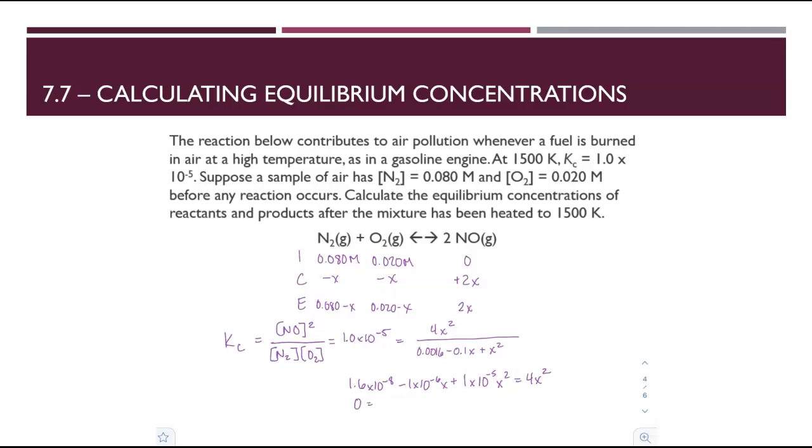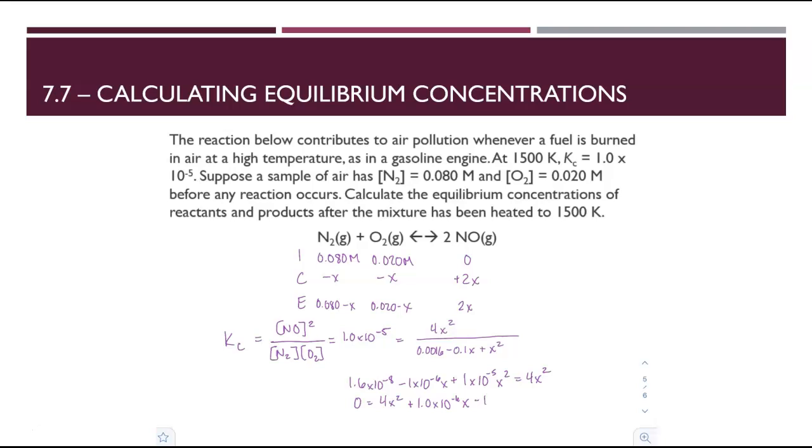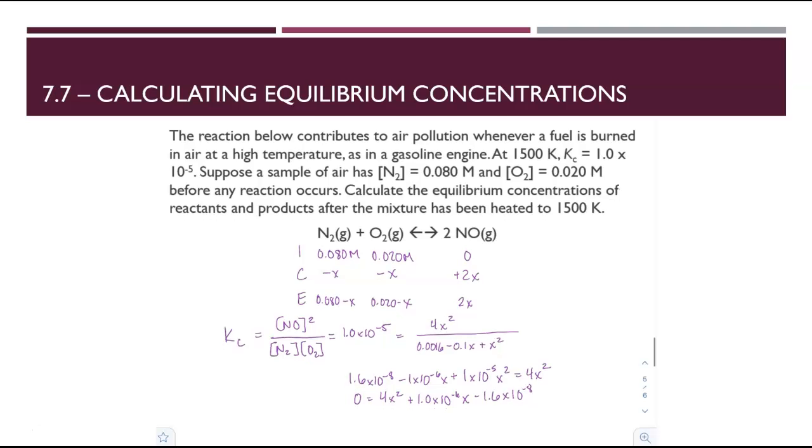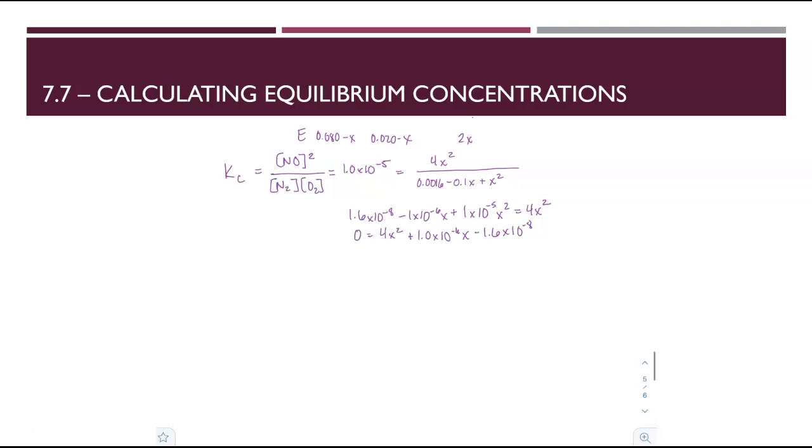So I'm going to end up with 0 equals, subtracting 1 times 10 to the negative 5th X squared from 4X squared, which when I account for significant figures still gives me 4X squared, plus 1 times 10 to the negative 6th X, minus 1.6 times 10 to the negative 8th. Now I'm going to use my quadratic formula. However you know to memorize the quadratic formula, or whether you have it programmed in on your calculator, whatever way works. So we're solving for X.